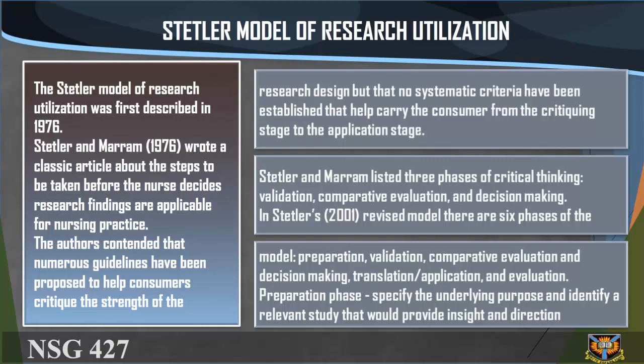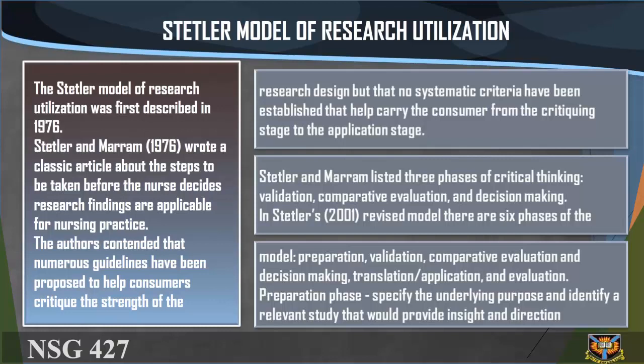The authors contended that numerous guidelines have been proposed to help consumers critique the strength of the research design, but no systematic criteria have been established to help carry the consumer from the critiquing stage to the application stage. Stetler and Marram listed three phases of critical thinking: validation, comparative evaluation, and decision making.